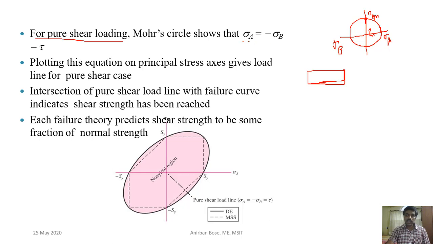So sigma A and sigma B are the same in magnitude but opposite in sign, and their magnitude is the same as tau. If you simply put it in the expressions, you will find the condition for pure shear loading.